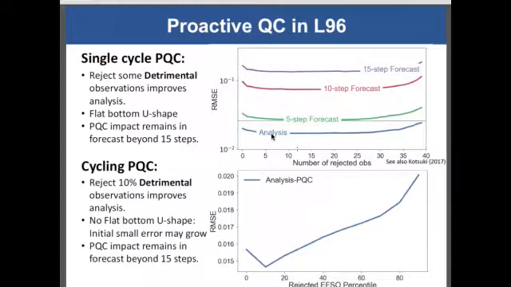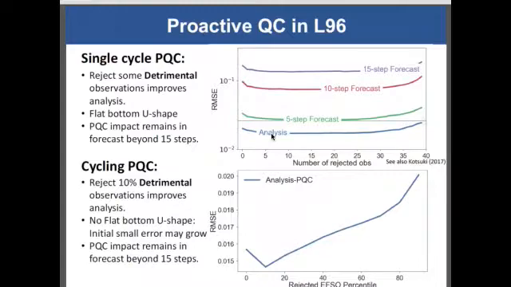We start here: the 0 means that we reject no observations, and here 40 means that we reject every observation. This first one is the single cycle PQC, and we can view it from a different point. This thin black line is the error of the background.